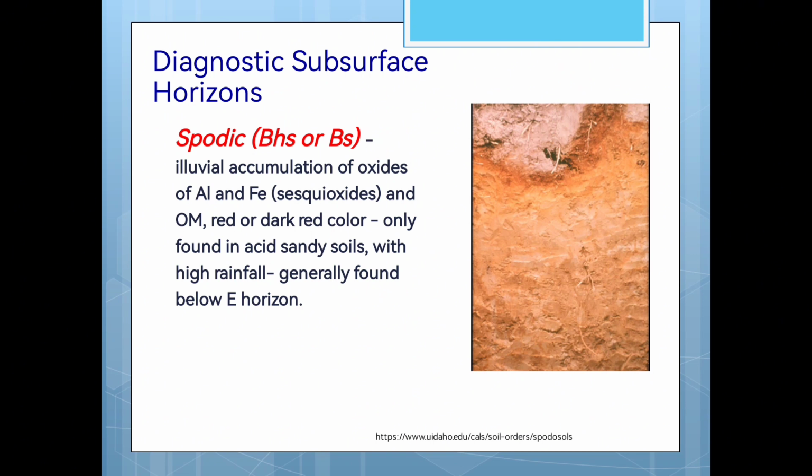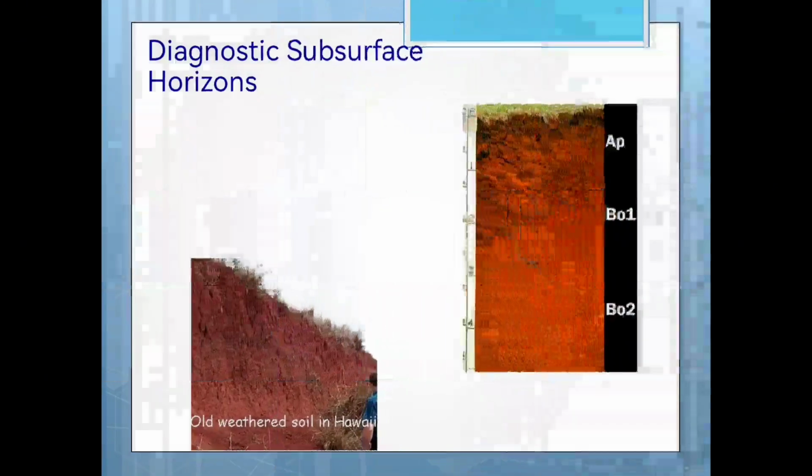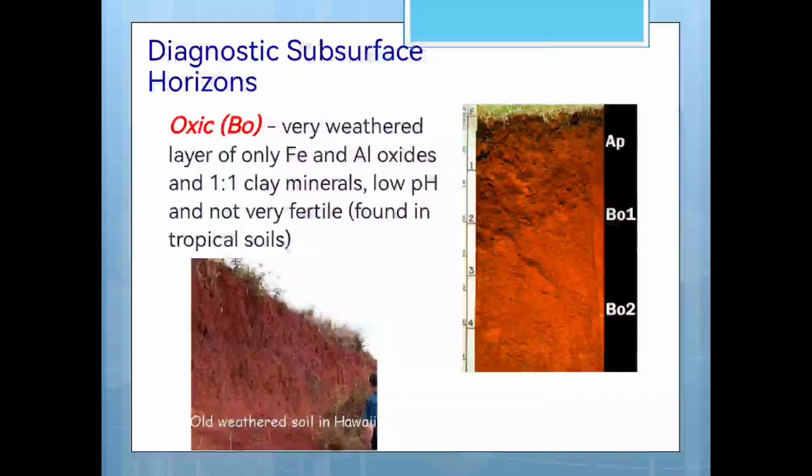So this is often red or dark red color and only found in acid sandy soils with high rainfall, generally found below E horizon. Kasi nagli-leach na yung mga basic cation. So yung natira na lang dyan is yung aluminum and iron, kaya siya nagiging red. So this is spodic.